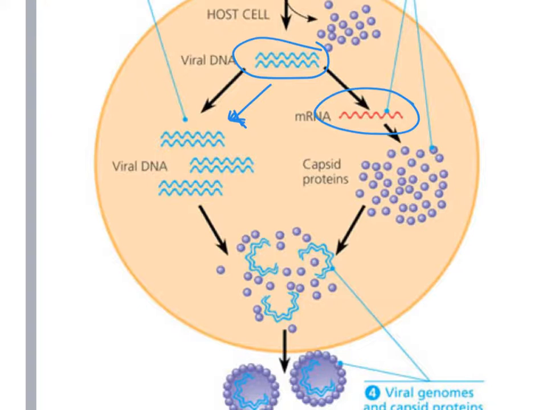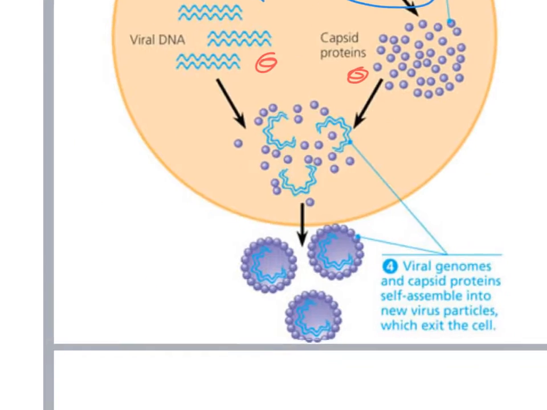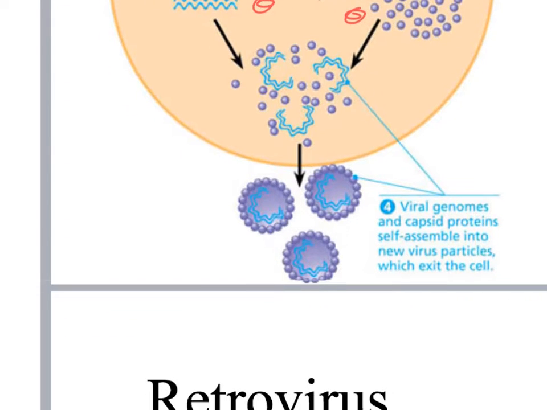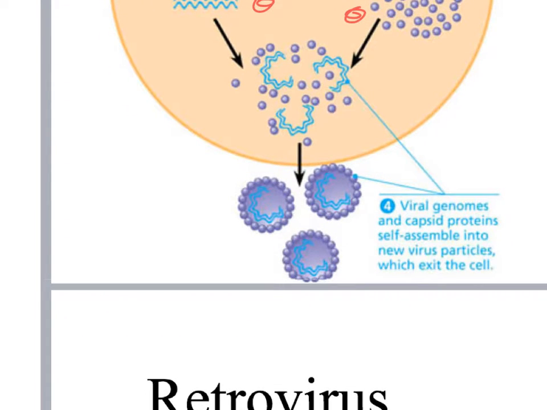So the viral DNA from here and the proteins from here will assemble a new structure of the virus right here. It says viral genomes and capsid proteins self-assemble into new virus particles, which exit the cell. So that's the last step in a DNA virus.